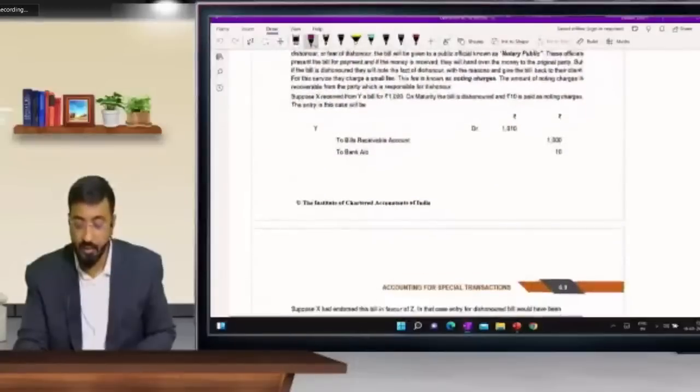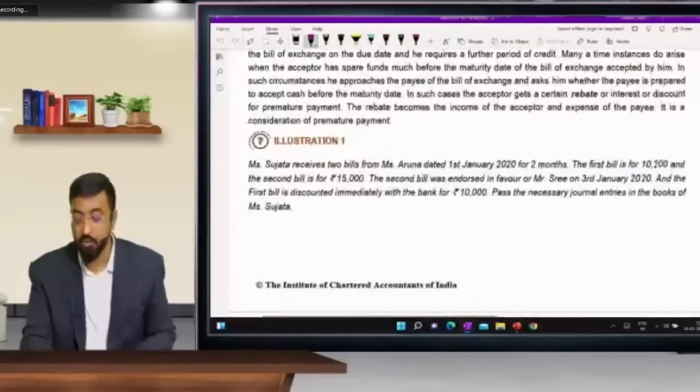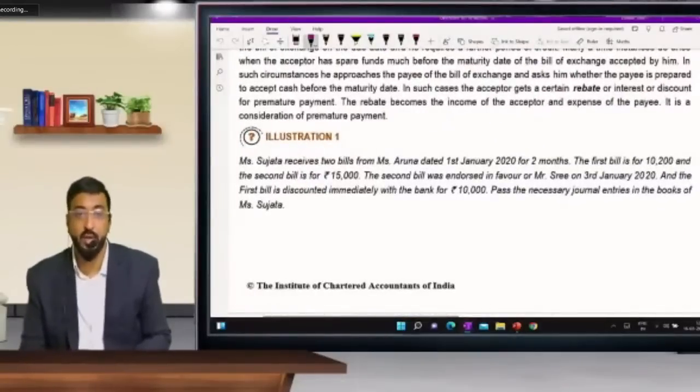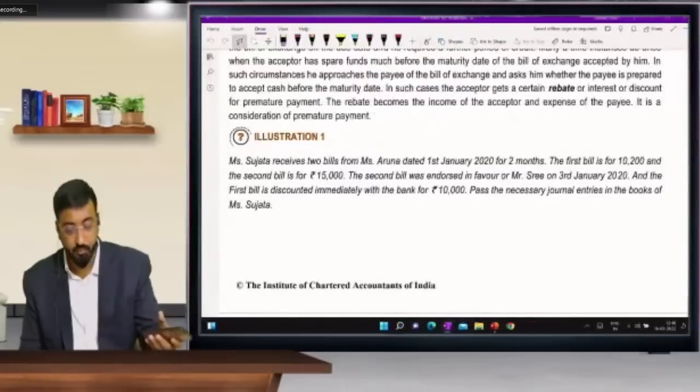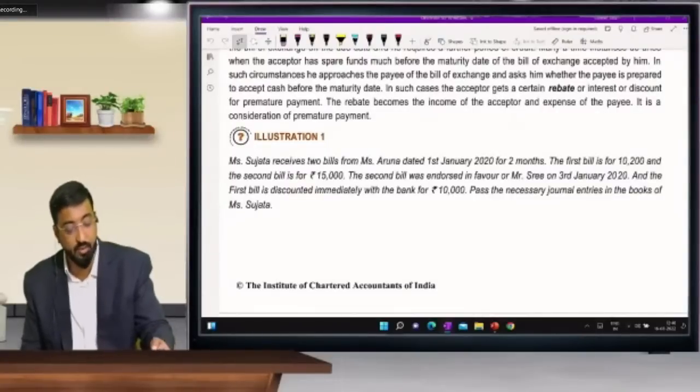But remaining theory, I will take it. Don't worry. Today, I want to give you some homework. That's why we are going to take some illustrations. I will tell you your query in illustrations. Wait for some time.